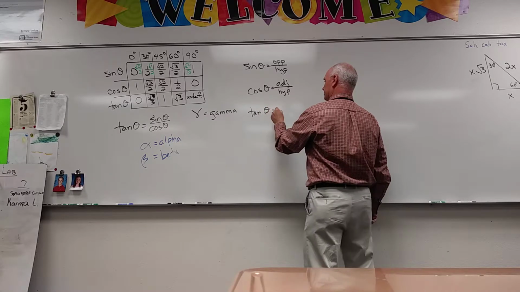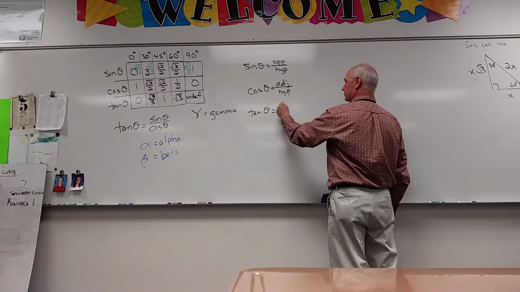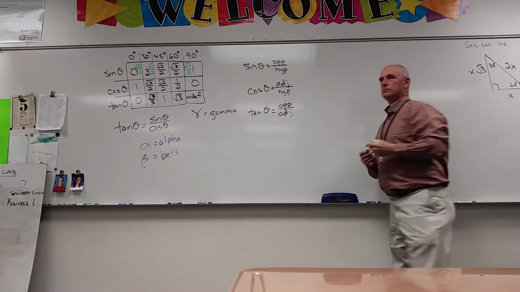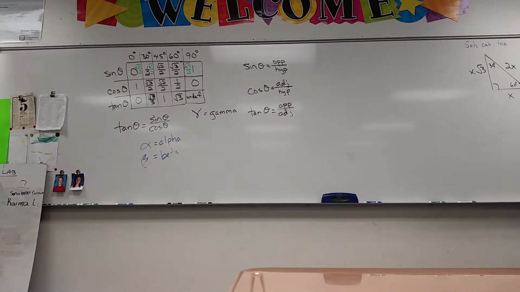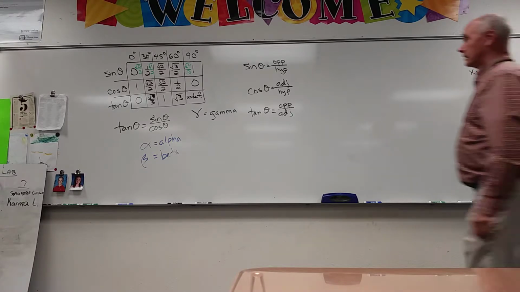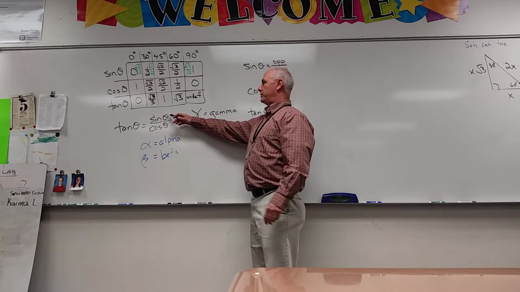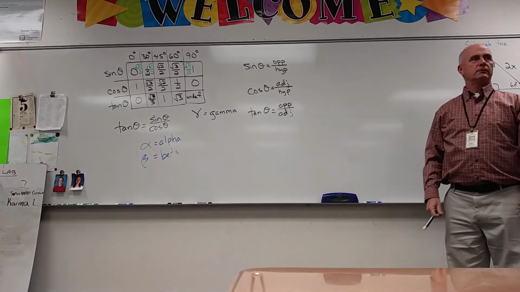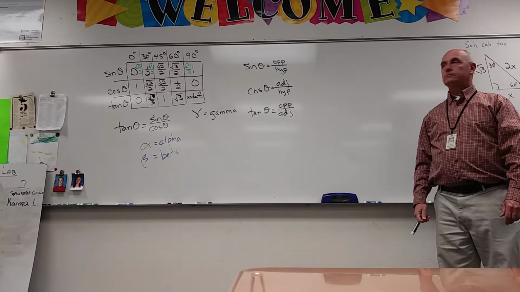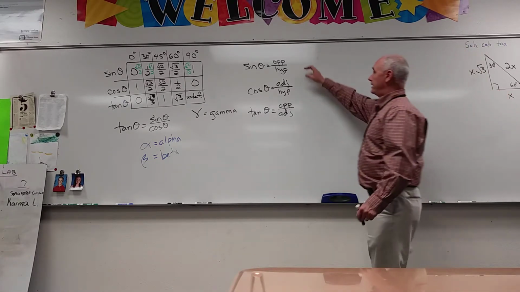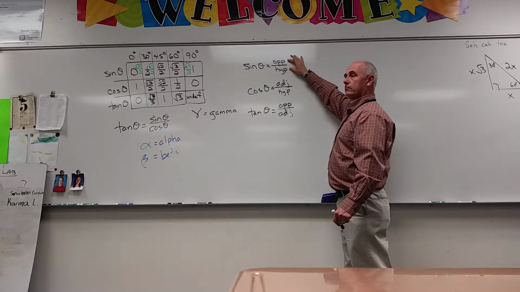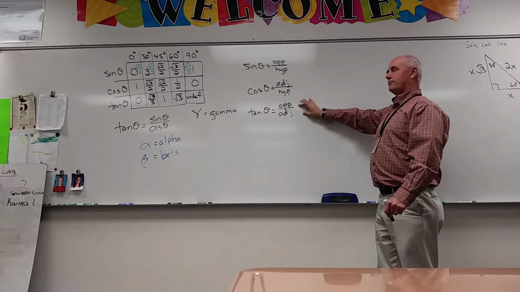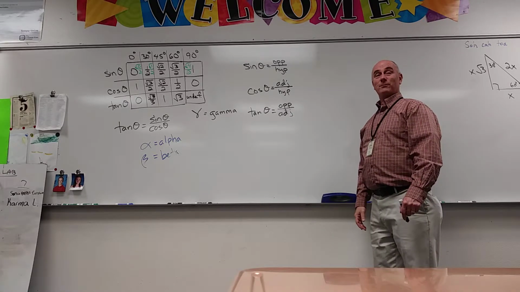Tangent of theta is equal to opposite over adjacent. By the way, guess what would happen if you did sine of theta over cosine of theta? If we did opposite over hypotenuse over adjacent over hypotenuse, you get opposite over adjacent, which is tangent. So it makes sense.